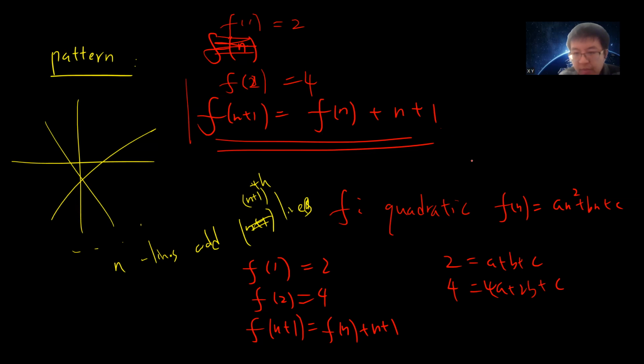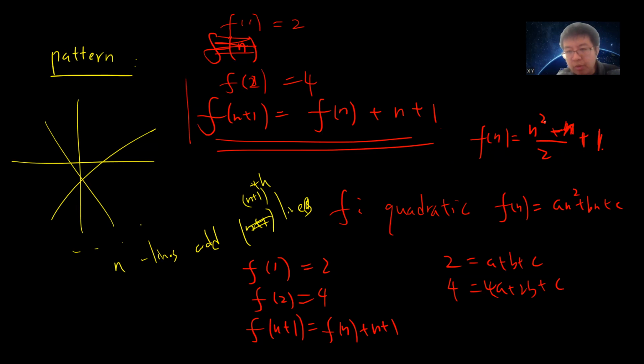Finally, you can easily get the result: f of n will be (n squared plus n) divided by 2, plus 1. So f of 1 is 2, and f of 2 is 4 plus 2, 6 divided by 2, 3, 3 plus 1, 4. And I think you can check this is true.